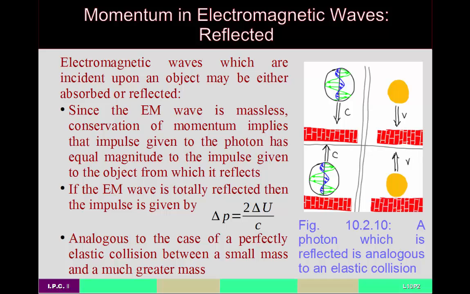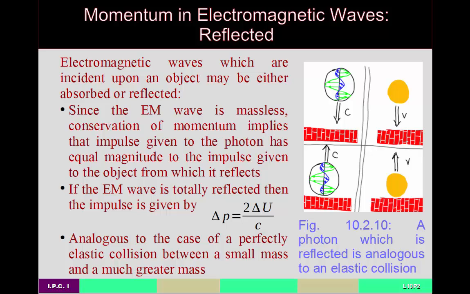Now, electric fields and magnetic fields in the form of electromagnetic radiation not only carry energy, but also momentum. Basically what this means is that if you have electromagnetic waves which are incident upon a given object, these waves can either be absorbed or reflected.